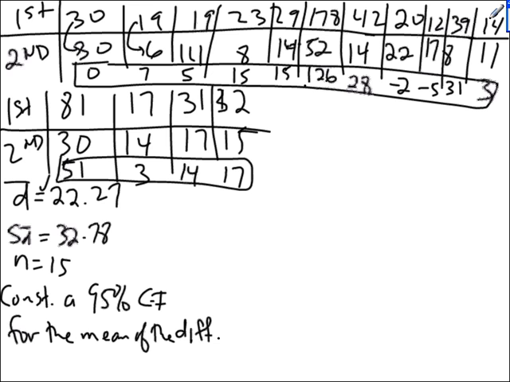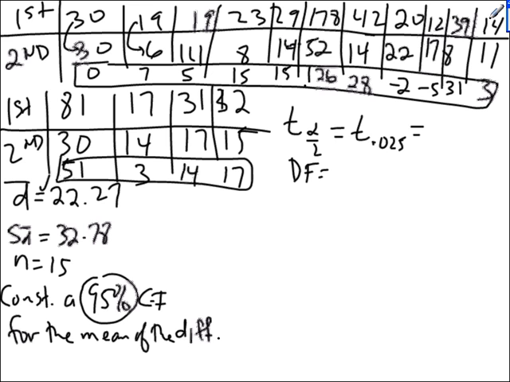Basically, we have to calculate t sub alpha over 2. Well, alpha, if it's 95%, you have 5% left over, divided by 2, you get 0.025. And the degrees of freedom, df, is n, 15, minus 1, which is 14.